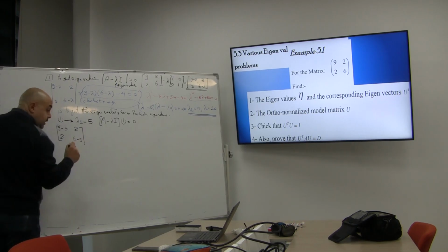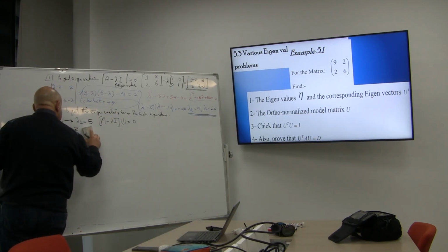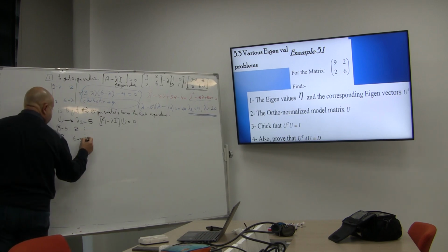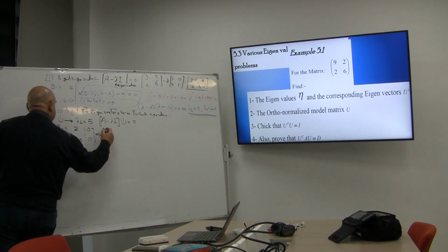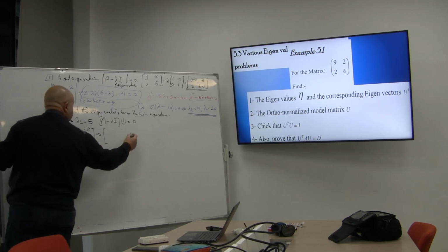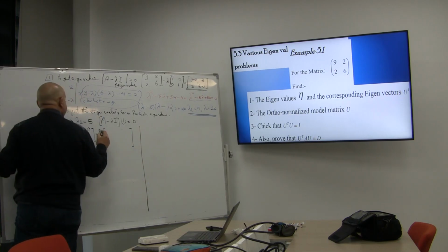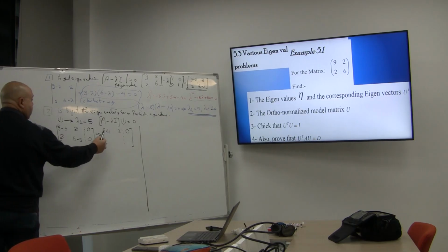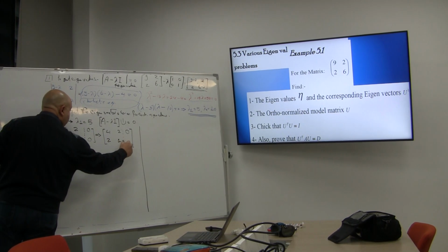I'm solving the system, and this system is homogeneous, so the augmented matrix will develop like this: 9 minus 5, which is 4, 2, then 0. The second row is 2, 6 minus 5, which is 1, and 0.